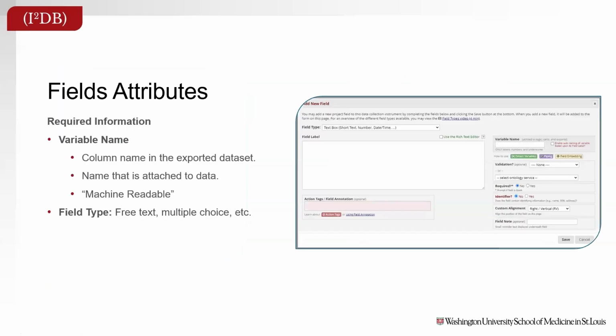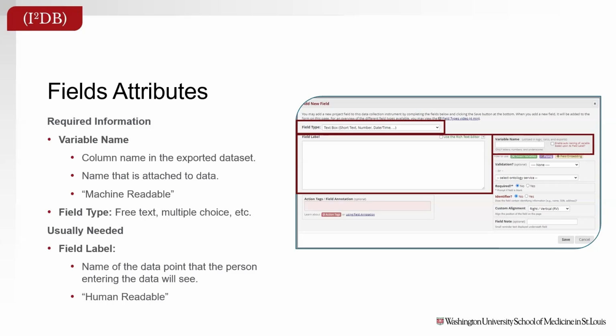And when you create these fields, the required information that you need is a variable name and a field type. So you have to say if it's a text box, if it's multiple choice, a calculated field, anything like that. And you have to give it a variable name, which is its machine readable name. That means the data connects to this variable name. That is the minimum you need when you're creating a field.